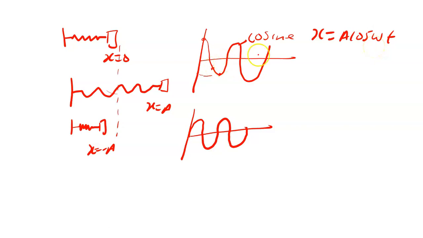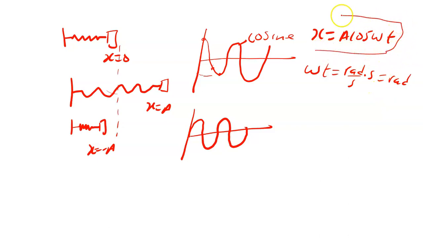But as you are punching this, look at this. This is cos omega t. So our angle there is omega t. And we know that omega is measured in radians per second. Time is measured in seconds. So meaning our angle is in radians. When you are punching this into your calculators, make sure that your calculator is in radians.